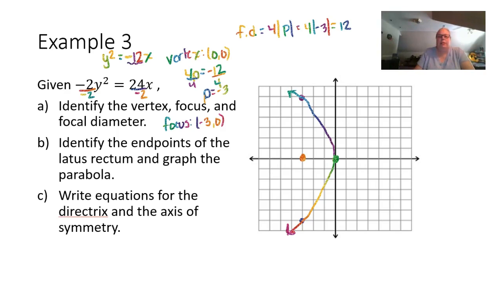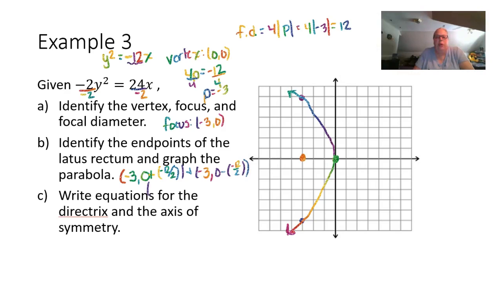And these endpoints, again, we're going to keep the x this time, which is -3. But the y, we're going to add half of that 12, and we're also going to subtract half of that 12.